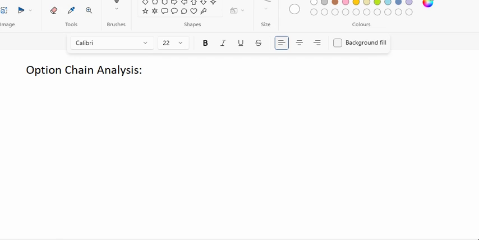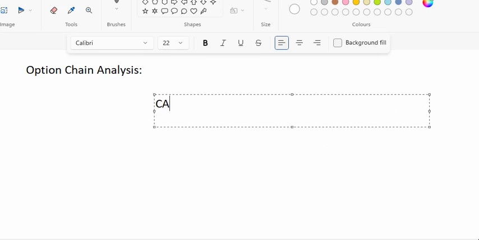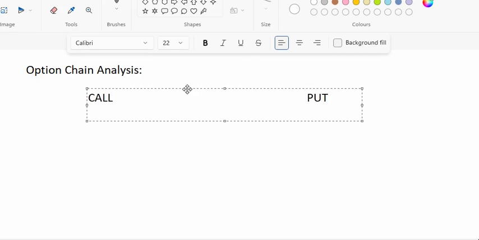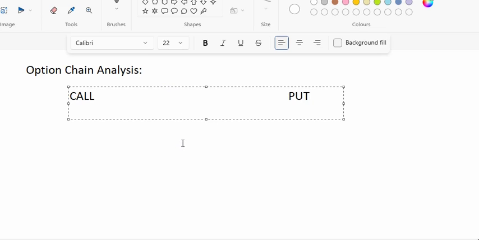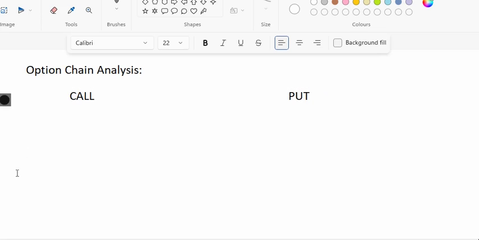And options are of two types: one is the call option, and the second one is the put option. Right. So we're going to start with the call option first.